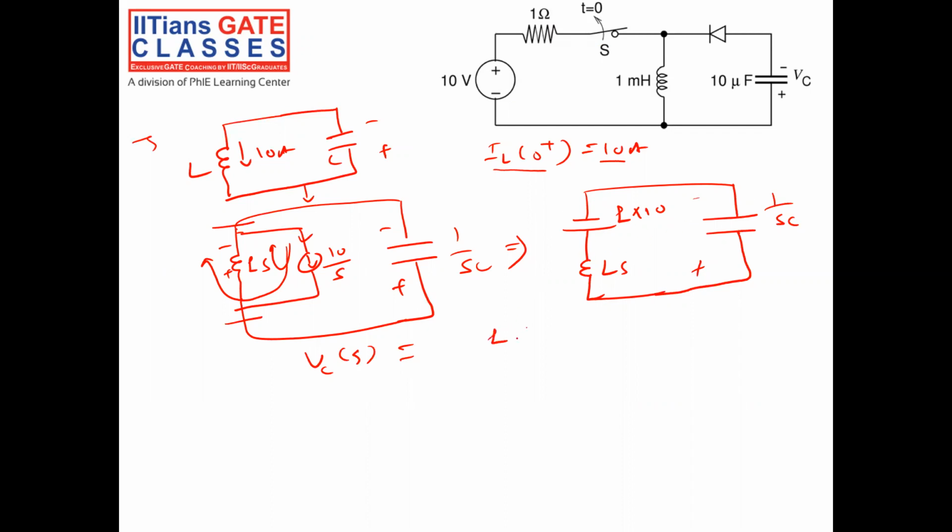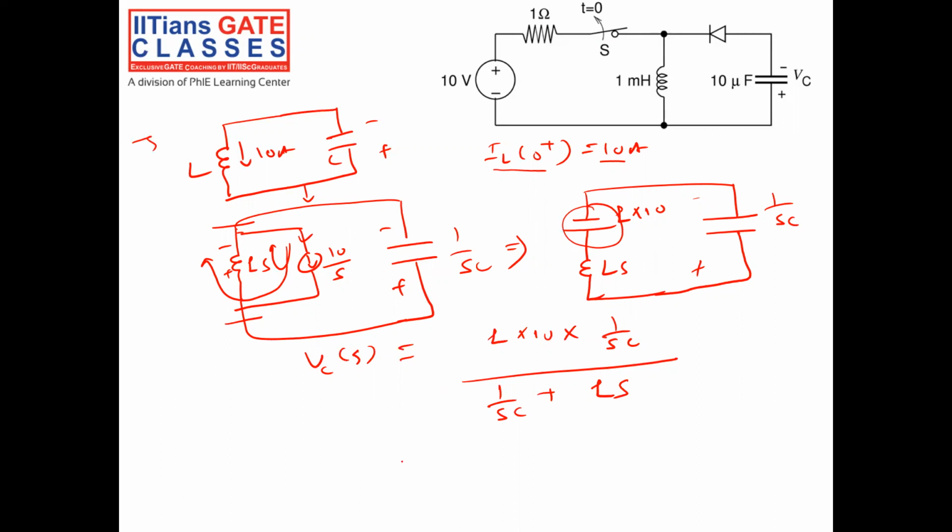So it will be L into 10 into 1 by SC divided by 1 by SC plus LS, because this voltage source is divided between the LS and 1 by SC impedances. Here the impedance is 1 by SC, and here the impedance is LS. So the voltage across capacitor C is V into 1 by SC divided by 1 by SC plus LS. It's like a simple resistor divider.